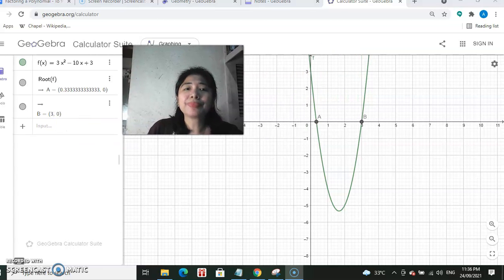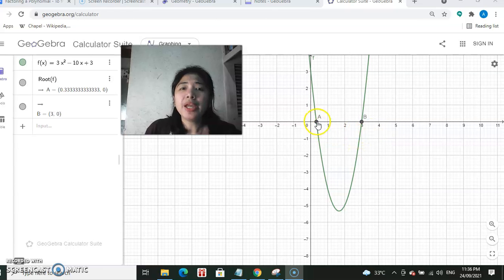So again, the definition of roots. Basically, we are finding the values of x in order to get a y equal to 0. So as you can see, the points are (0.3, 0) and (3, 0).